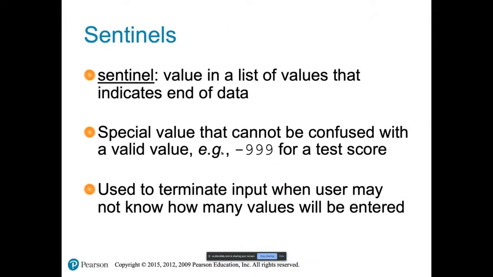A sentinel is another form of what we call a flag. It's a value that would not be part of the values you're reading in. For example, if you're reading in grades and you don't know how many users are going to enter a grade, you might want to say, hey, user, when you're done executing, type in -999 or -5 to signal the end.